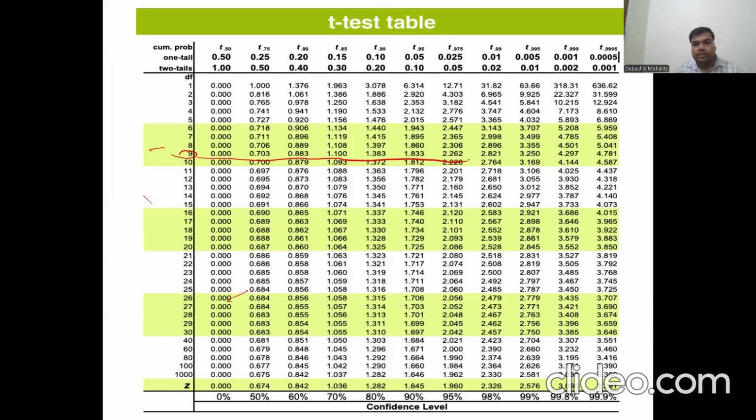This is 5%. 2.262, this value we are getting, as this is 0.05 in total. At 9 degrees of freedom, using this t distribution table, we are getting the value 2.262.